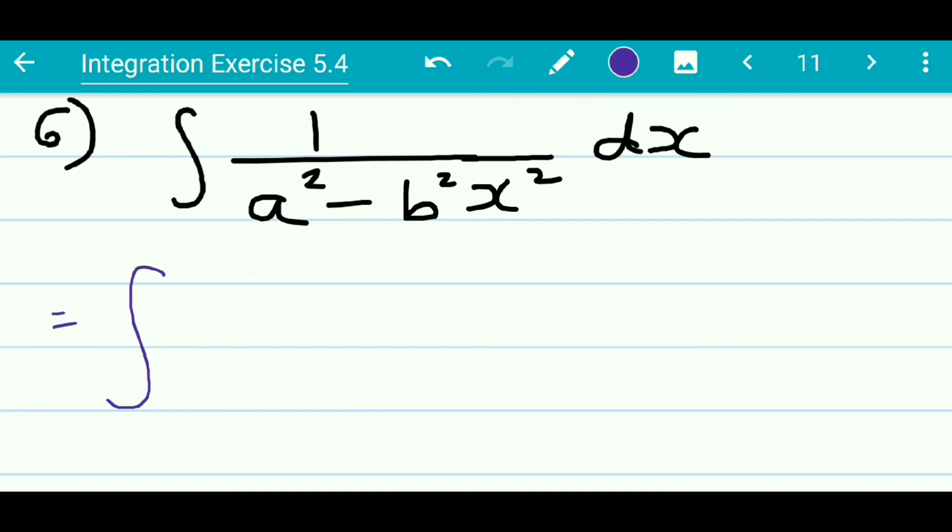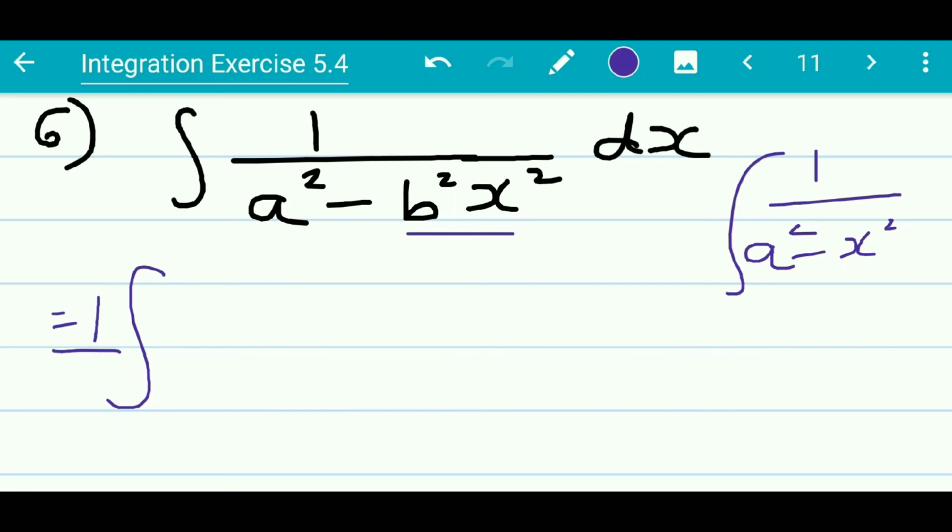Now first of all, the second result is integral of 1 upon a square minus x square dx. That means here also the coefficient of x square is 1. So here in the question we have b square x square. So we use the same procedure for simplifying further, that is we multiply and divide by b square so that the b square term goes away from the question.